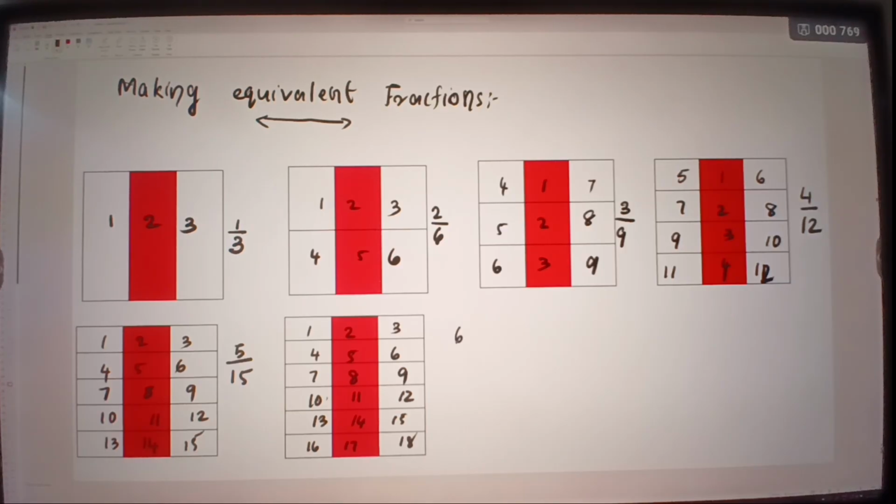This is 6/18. When you look at all these fractions, 1/3, 2/6, 3/9, 4/12, 5/15, 6/18, all have the same amount of shaded region. 1/3 has the same amount of shaded region. 2/6, 3/9, 4/12, 5/15 and 6/18 all have the same amount of shaded region.